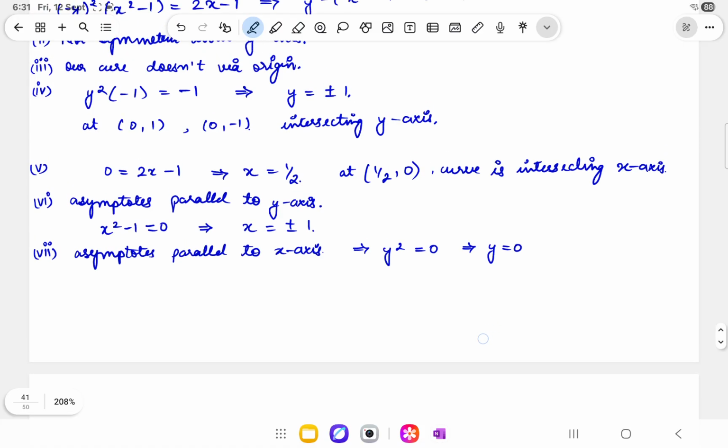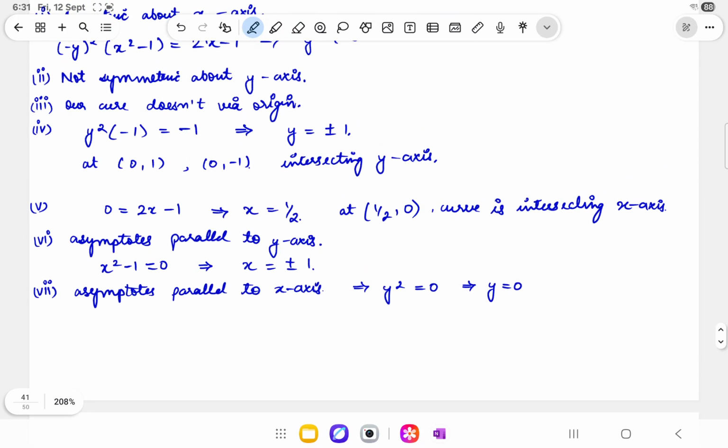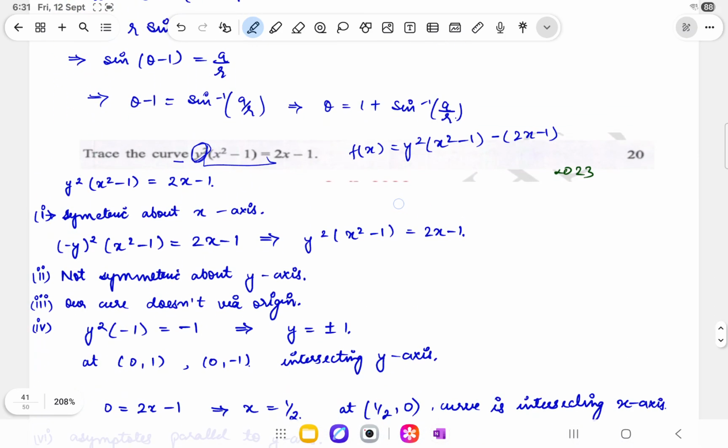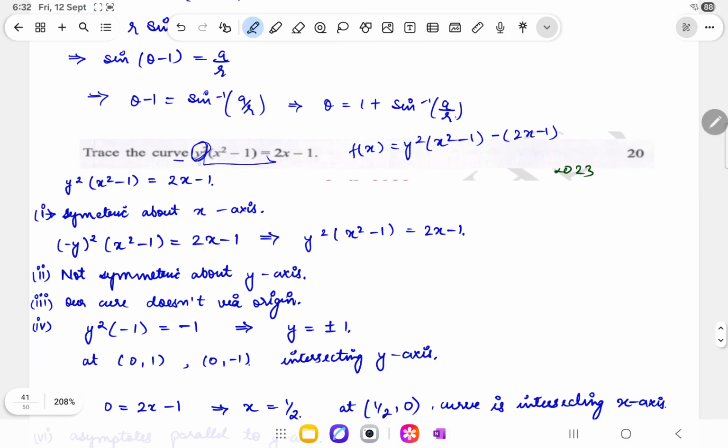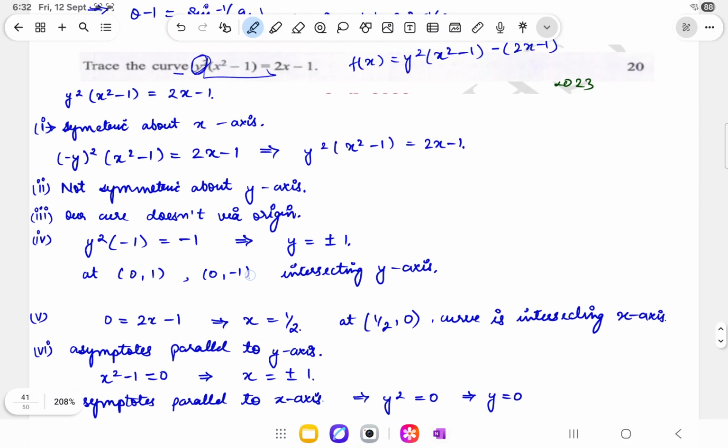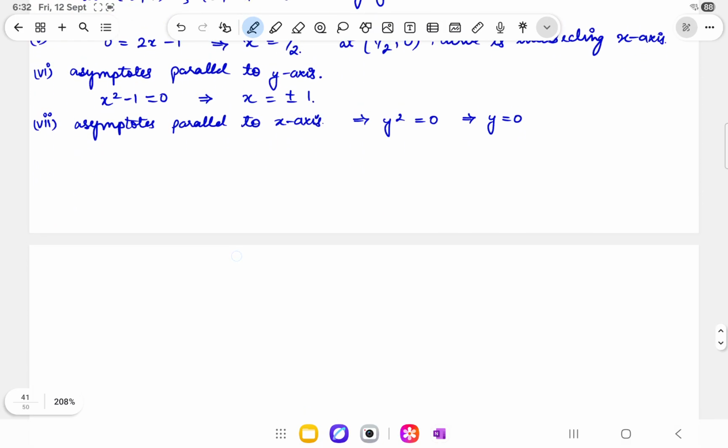Now, what I can do is explicitly express y in terms of x and then see where the value of y lies in the curve. So my y square will be basically 2x minus 1 divided by x square minus 1.